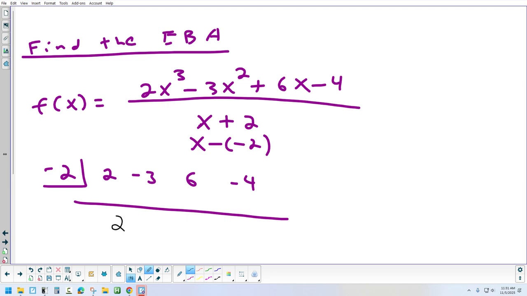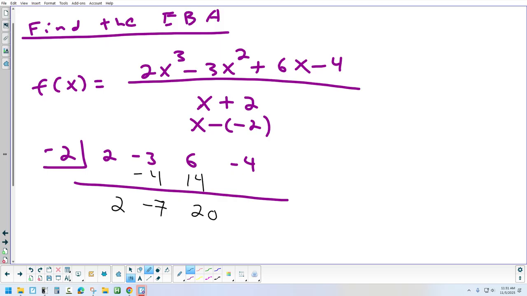What's -2 times 2? -4. And then -3 plus -4 is -7. Times -2 is 14. Positive 14 plus 6 is 20. And what's 20 times -2? -40. I don't really care about the remainder, so we only care about the quotient.